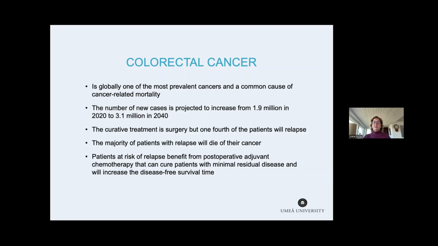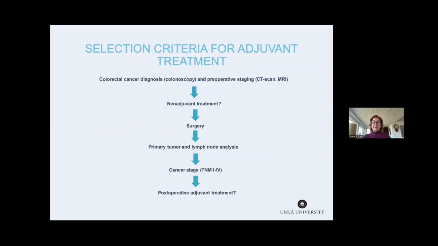Patients at risk of relapse benefit from postoperative adjuvant chemotherapy that can cure patients with minimal residual disease and will increase disease-free survival time.